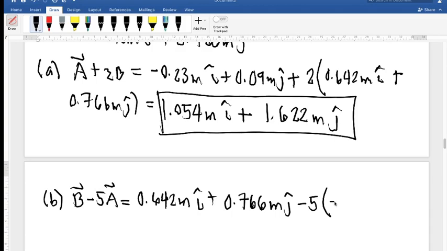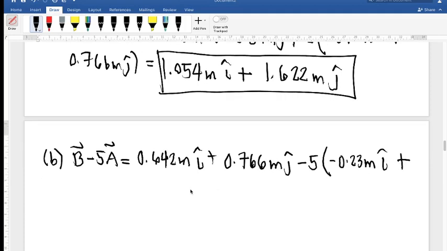So we have negative 0.23 meters i hat plus 0.09 meters j hat. Okay?